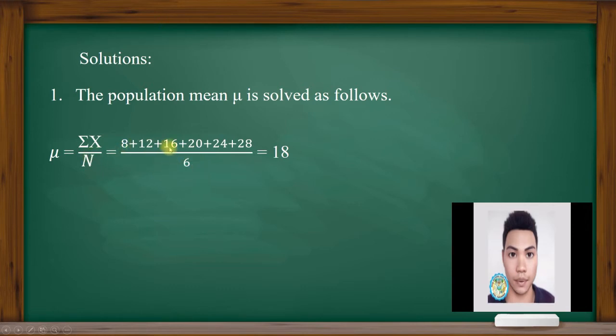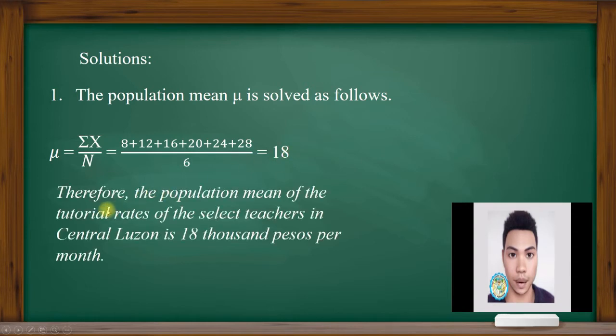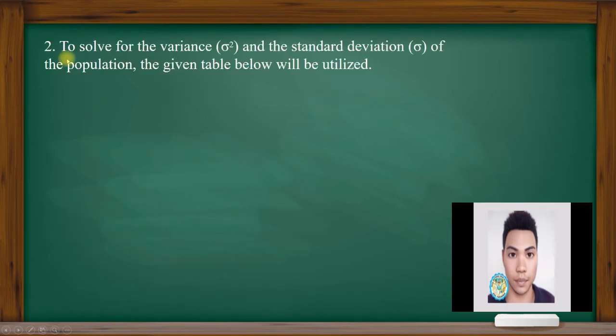So we add them, then divide by 6, equal to 18. Therefore, the population mean of the tutorial rates of the select teachers in Central Zone is 18,000 pesos per month. And then, number 2, to solve the variance and the standard deviation of the population, the given table below will be utilized.